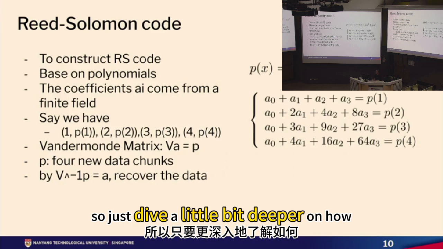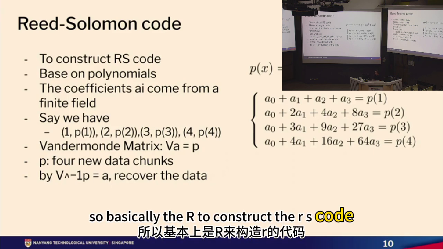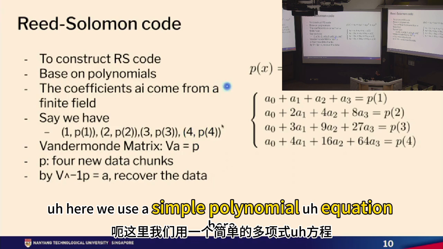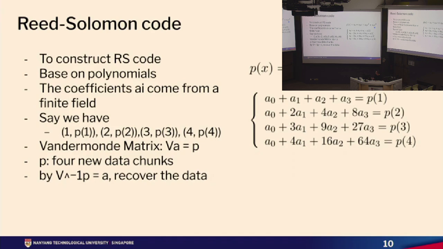So let's dive a little deeper into how the RS code is able to achieve this. To construct the RS code, we use a simple polynomial equation, and all these coefficients A0, A1, A2, A3 are in a finite field.